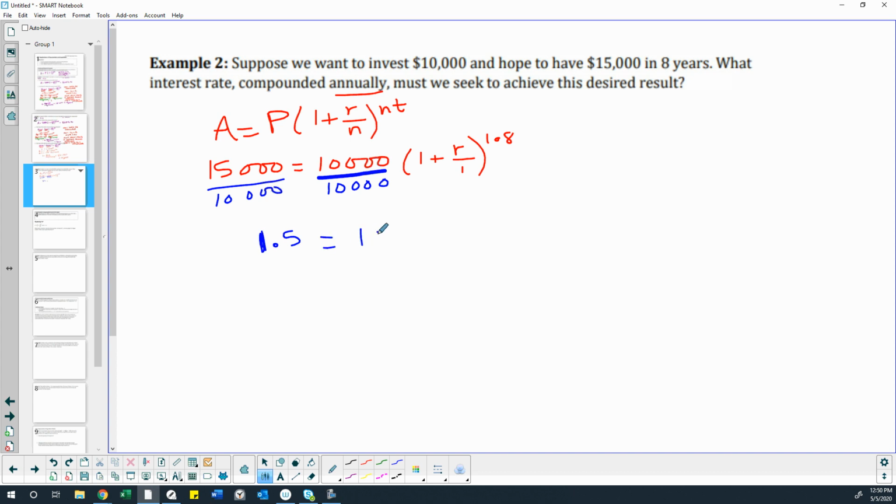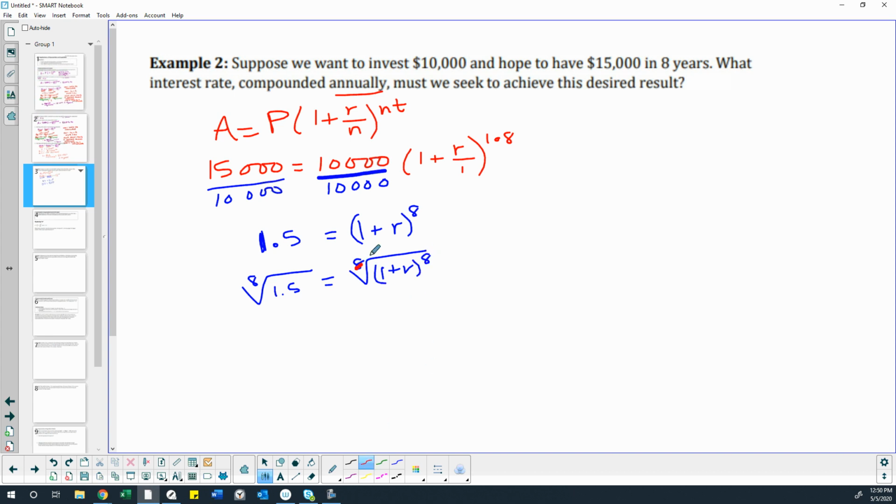And then we're going to have 1 plus r. We don't need the over 1. 1 plus r to the 8th power. So to get rid of an 8th power, we don't even need to use a logarithm. All we have to do is do an 8th root. So the 8th root of 1.5 is equal to the 8th root of 1 plus r, which actually cancels out our 8th power.